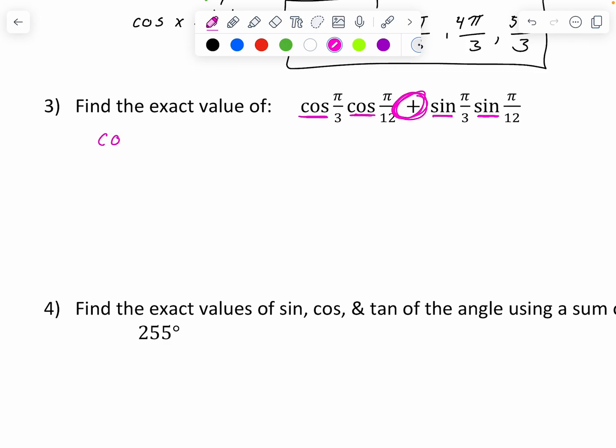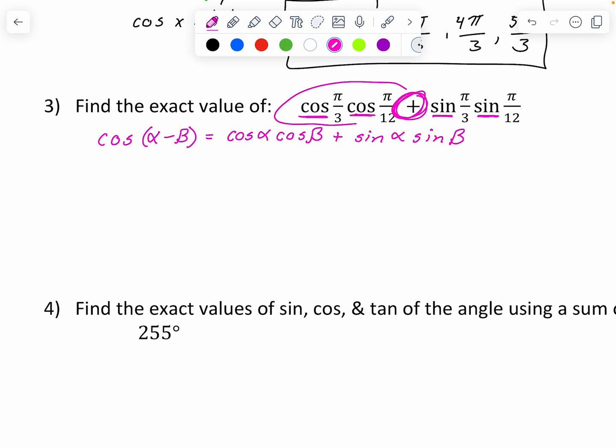So our formula is cosine of alpha minus beta equals cosine of alpha times cosine of beta plus sine of alpha times sine of beta.